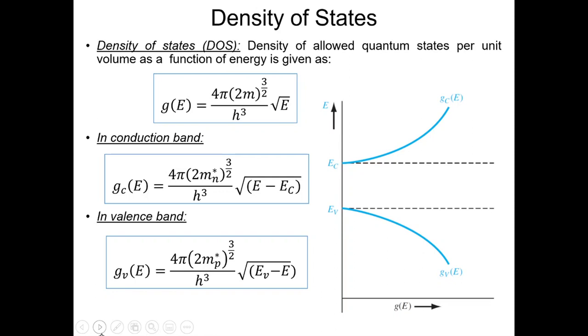So you know that from a given energy level, in a given energy range, what number of states were available when we dealt with a single particle confined to a given space or volume.